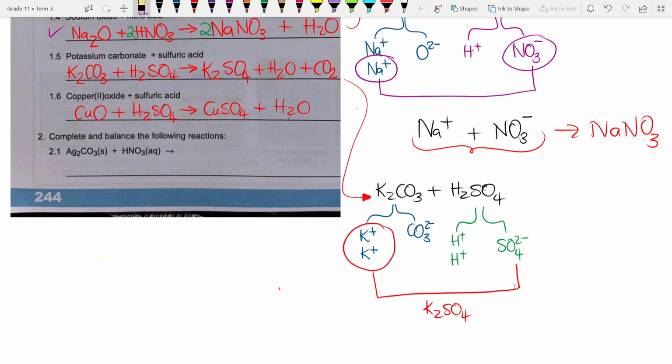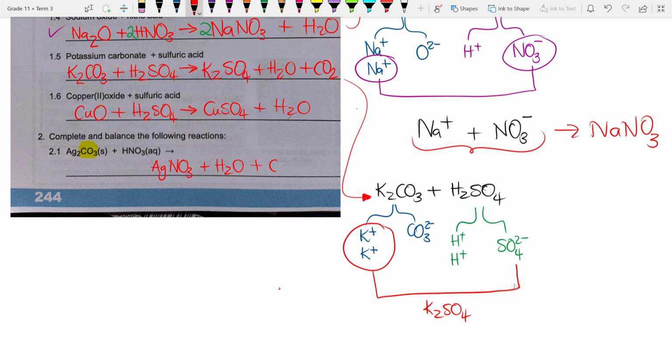AgNO3 plus H2O. Is that it? Here's the clue. Plus carbon dioxide.